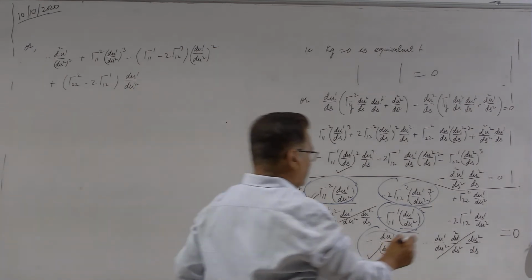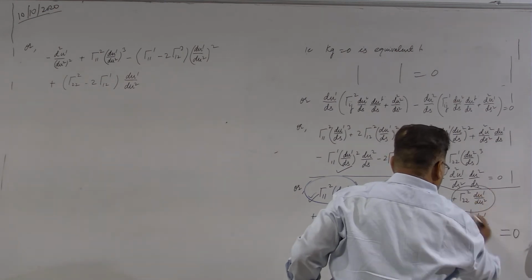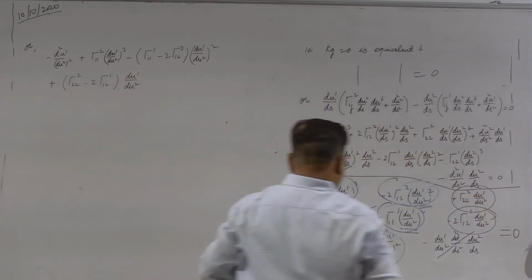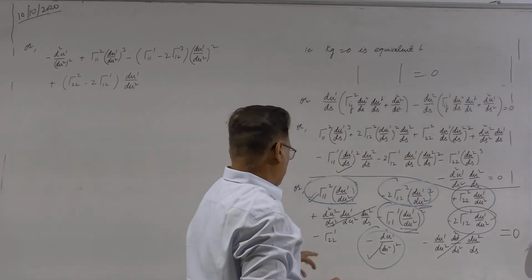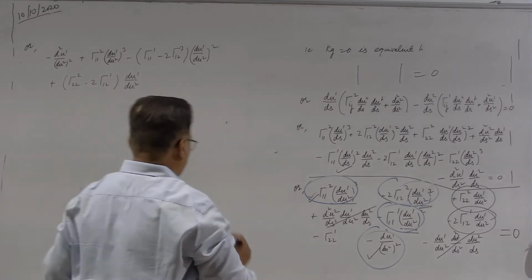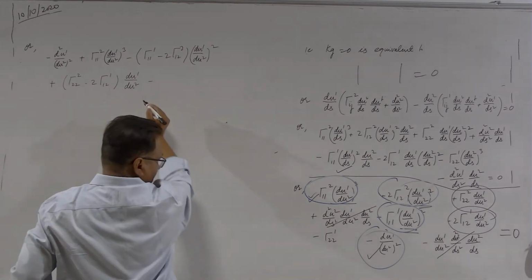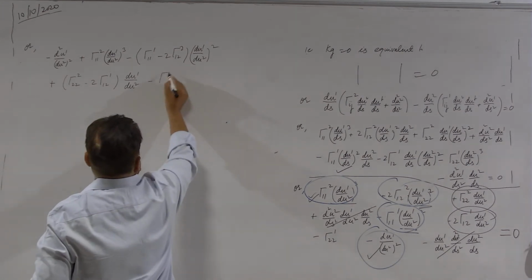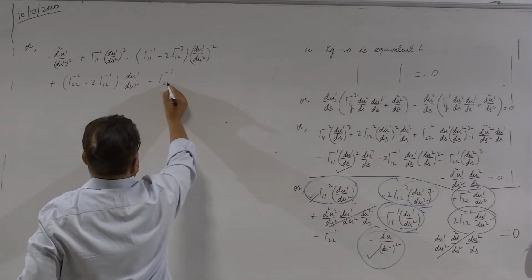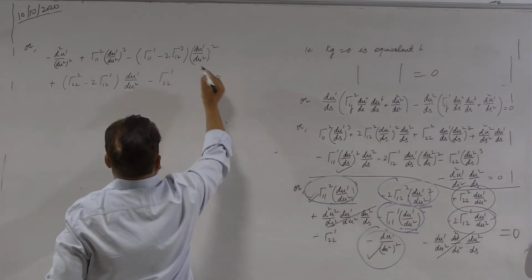So these two terms are also gone. And the last one is minus 1 2 2. This is equal to 0.